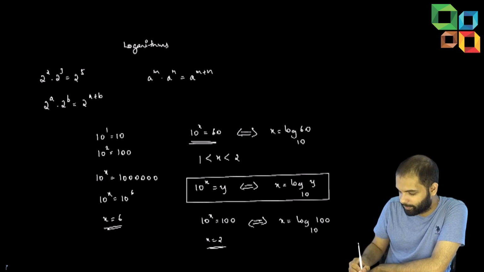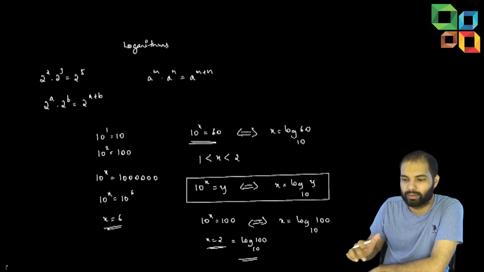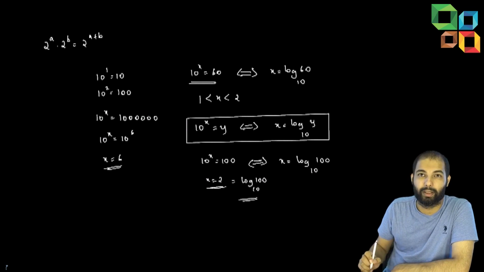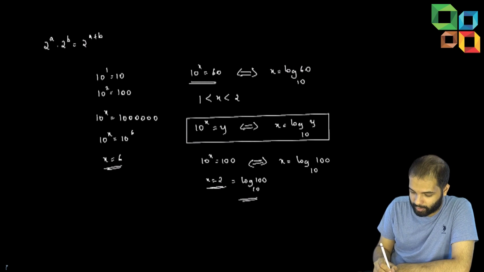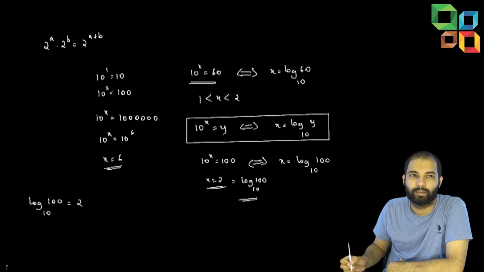So can you see that we found out the value of log 100 base 10, probably the first value we could figure out. Let us make a note, then we'll understand more about logarithms. So what did we figure out? Log 100 base 10 is equal to 2.